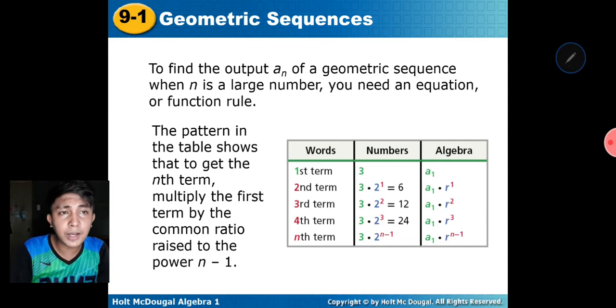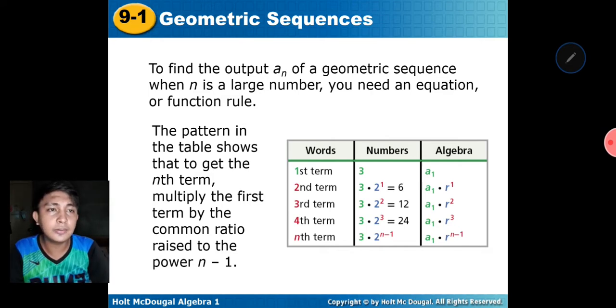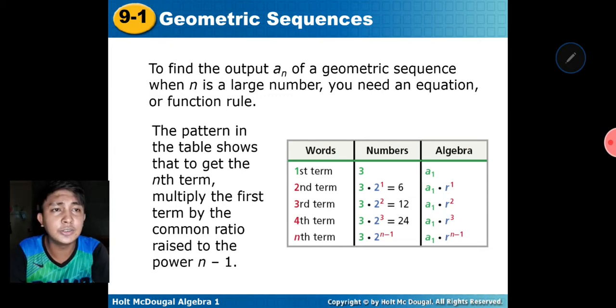So we have here the pattern. Okay, look at it, the first term, second term, third term, fourth term, and the nth term. We have the numbers represented and the algebraic expression.